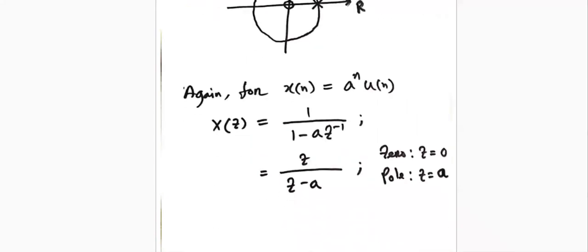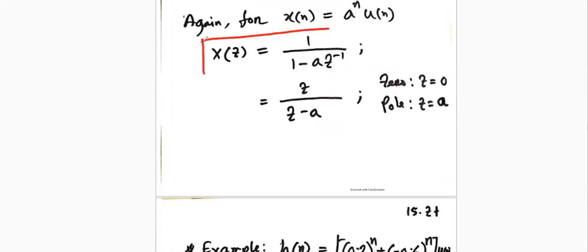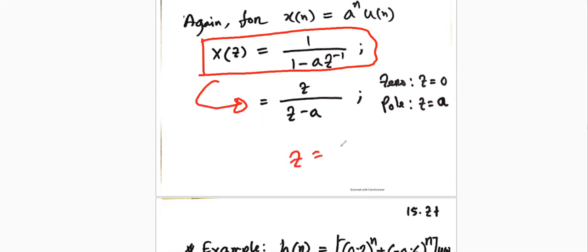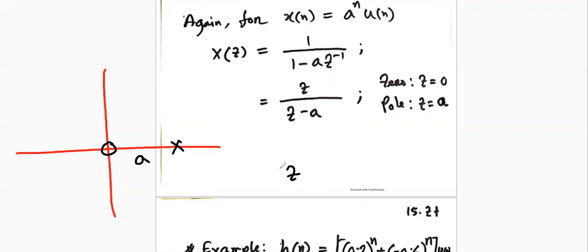We have done a similar example just in the last class, and we can show that this is the expression. From there, we can write it like this, where we again find that z equals 0 is the 0 location, and z equals a is the pole location. From the 0 and pole locations, you can draw it. This is the 0 location, and let's say this is the pole location. What is the distance? The distance is a. And what is the ROC? The ROC is |z| greater than a.